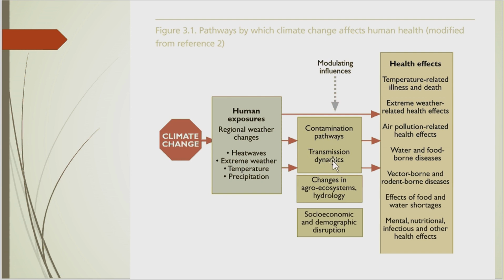All of this is going to be changed with global climate change. Demographic and socioeconomic disruption, as agroecosystems change and floods change and so on, is going to cause disruption. People are going to be on the move, and while they're on the move, they're going to be more vulnerable to different diseases.